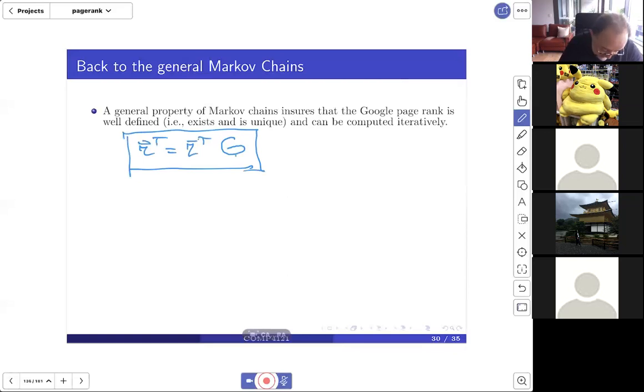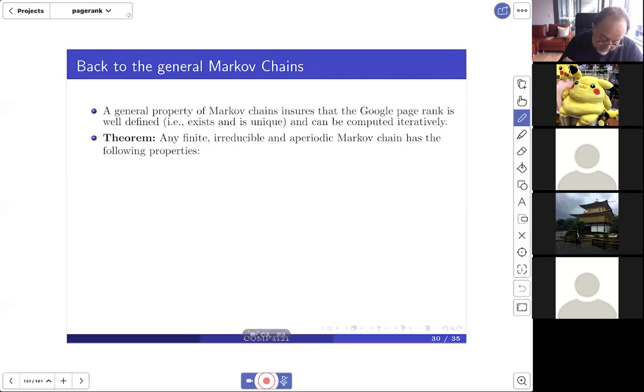So that's a general theorem about Markov chains that Page and Brin learned from Motwani in his course on randomized algorithms. And that's all they remember, because probably they never learned the proof of that fact, even though I'm sure Motwani showed the proof in class, but it's enough just to know the theorem.